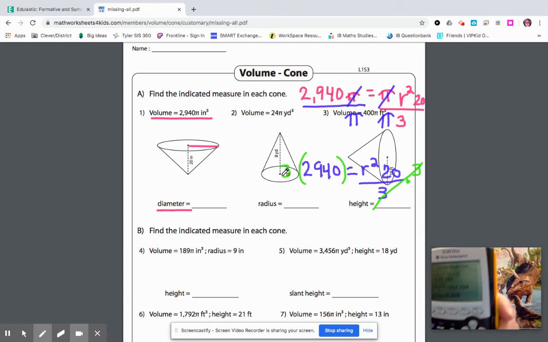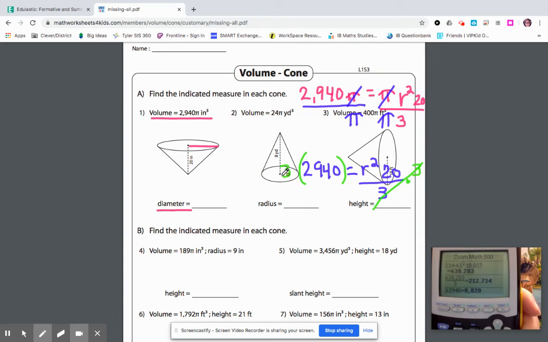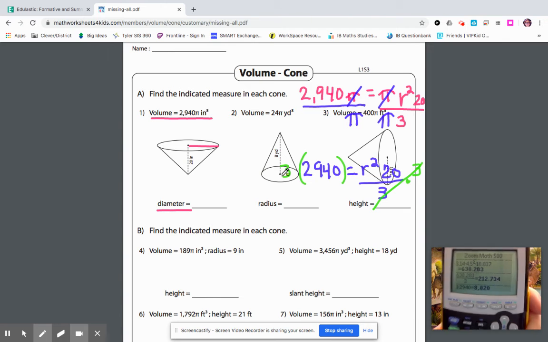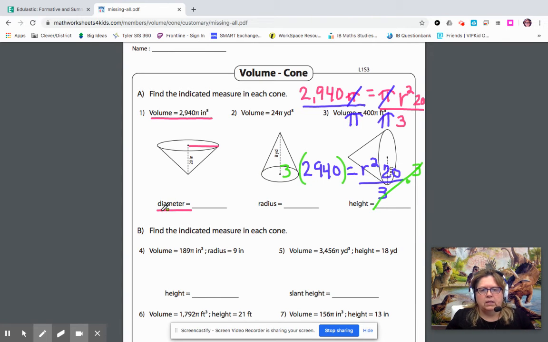When I multiply that together, I get 8,820. So 8,820 is equal to radius squared times my height, and my height in this case is 20.